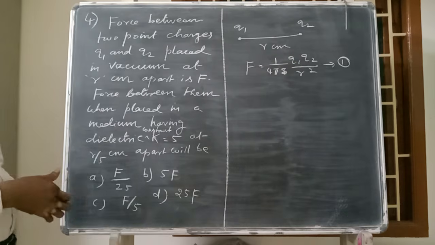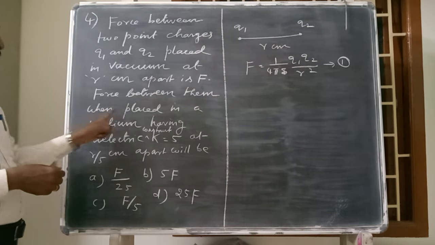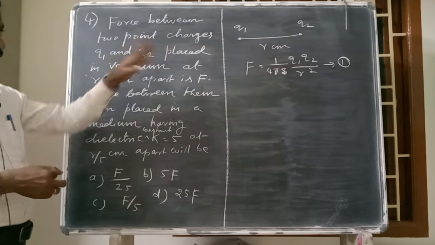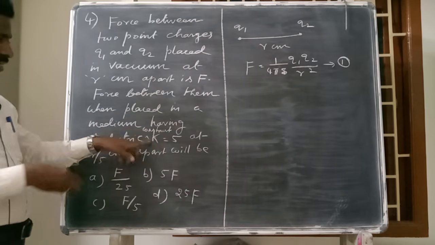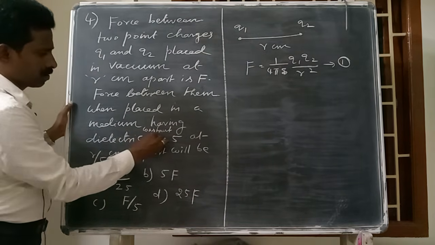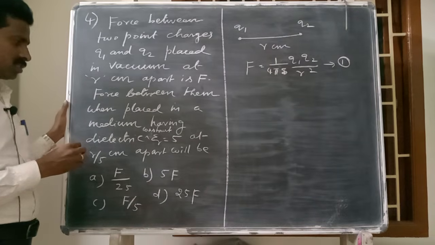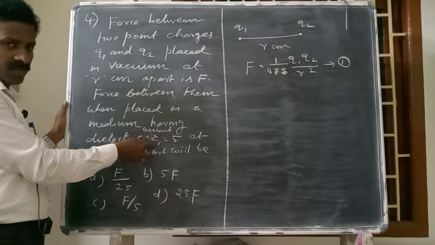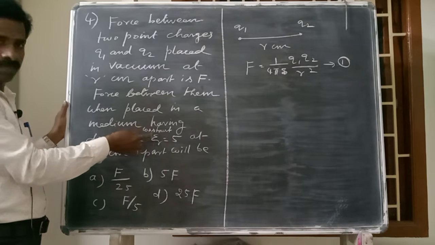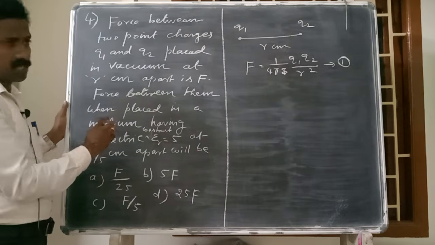Next, second case, force between them when placed in a medium. Now the same two charges are placed in a medium having dielectric constant. This is not k, actually this is epsilon r, dielectric constant, or relative permittivity of the medium. So relative permittivity of the medium is called dielectric constant of the medium. So epsilon r equal to 5.